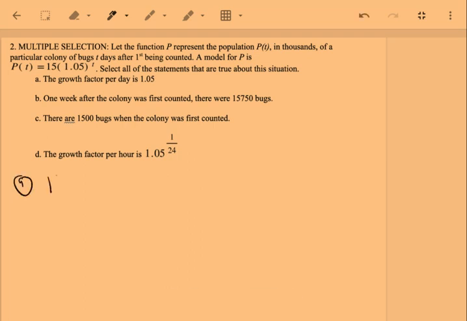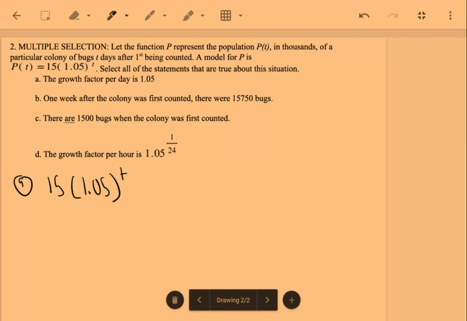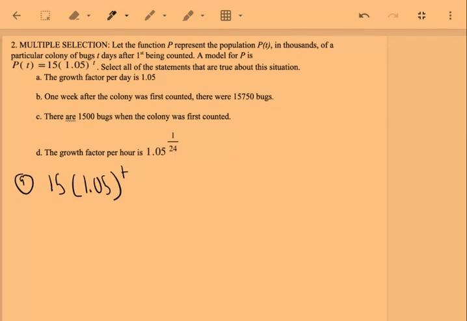Okay, so our equation, remember, is 15 times 1.05 to the power of t. And notice in our description it says, let the function p of t represent the population p of t in thousands of a particular colony of bugs t days after first being counted. So t, in this case, is the number of days.